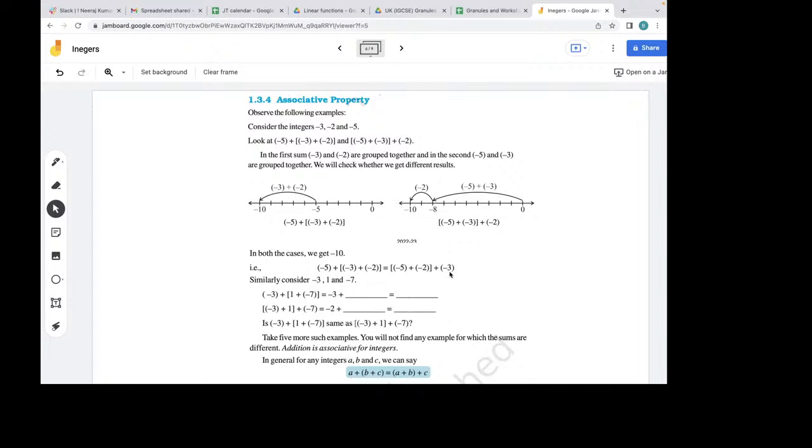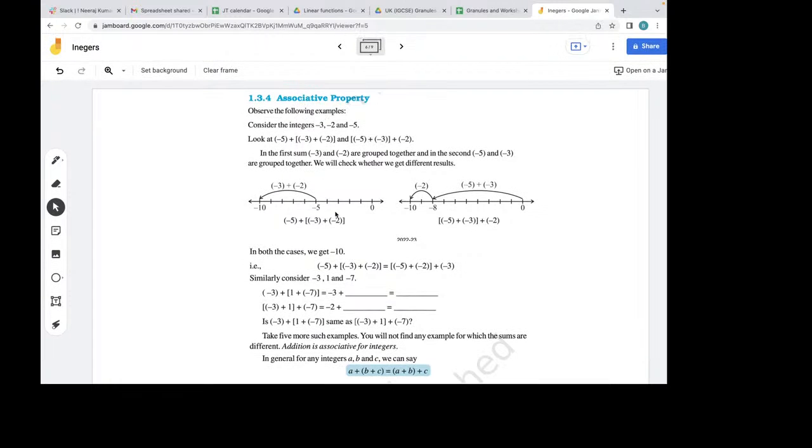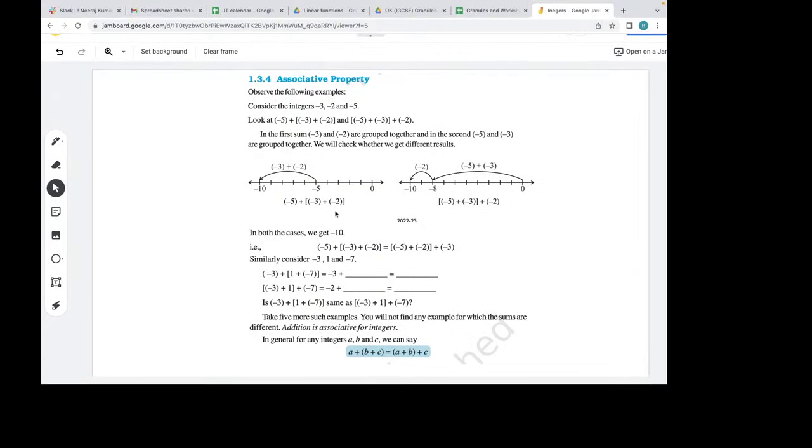So it didn't make any difference whether you put these two together in a group or you put these two together in a group. So that clearly shows addition is associative for integers. That means integers follow this property, that is associative property. And in general we can show it by a plus (b plus c) is equal to (a plus b) plus c.